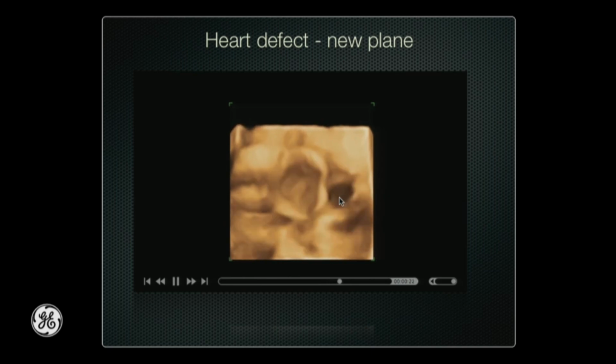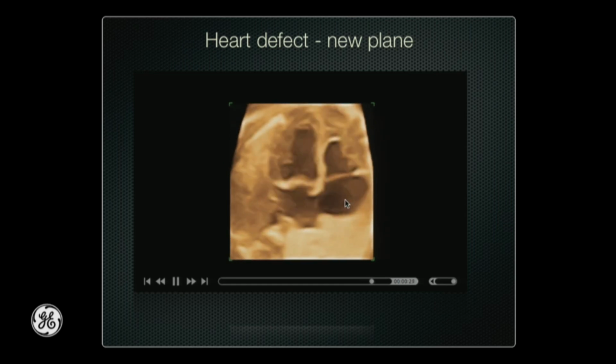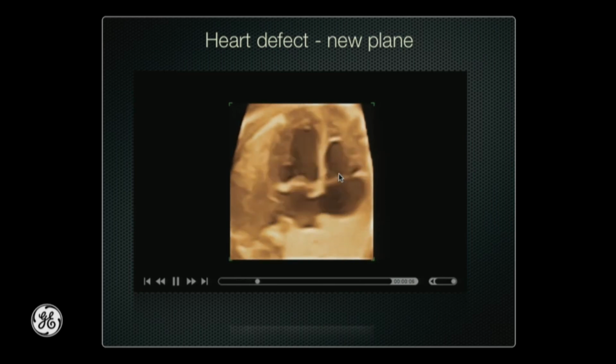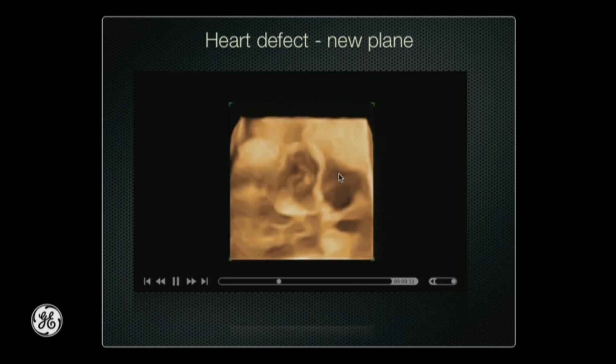Especially in cases with valve anomalies, for example Epstein's anomaly or AVSD, it's a very good tool, and we use it in our daily work to look whether we have only one valve or two valves, how the function of the leaflets is, and whether the leaflets are going more to the left or to the right side.